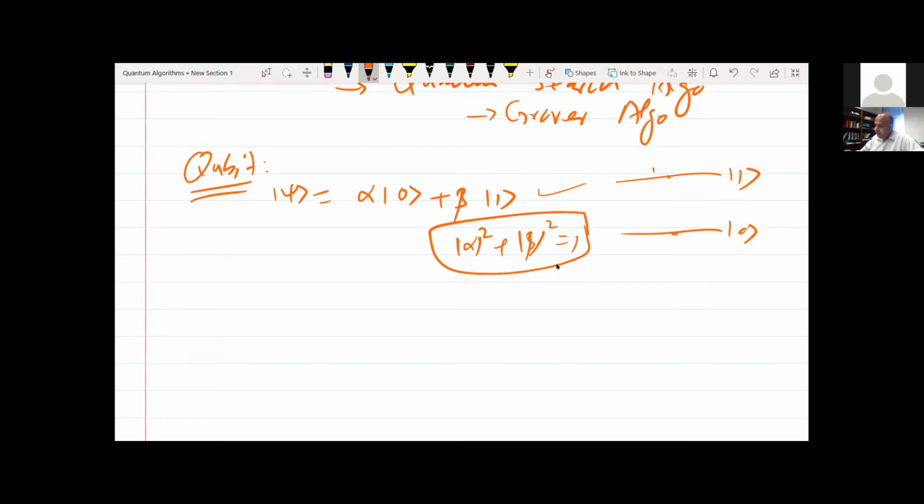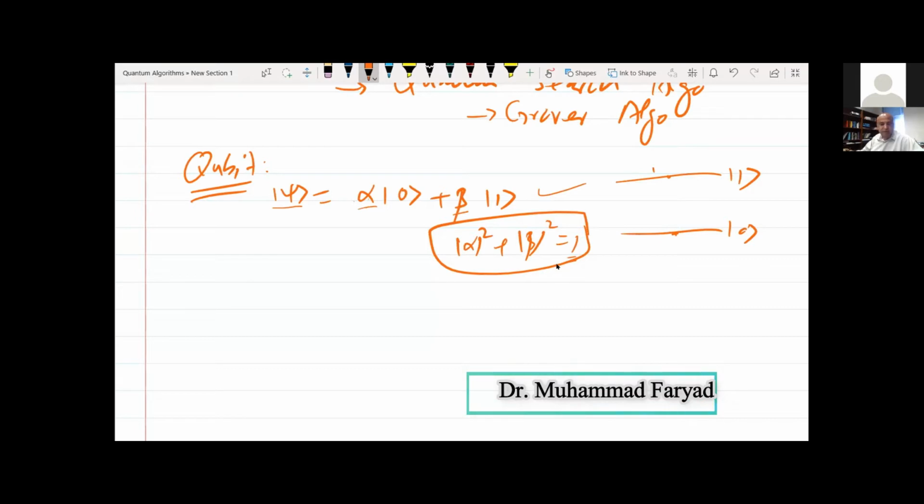And since these alpha and beta can be complex numbers, in general, we can specify this qubit with 4 parameters, like 2 for alpha, real and imaginary part, and 2 for beta, real and imaginary part. But because of this constraint, we essentially have 3 independent parameters. And if we ignore the global parameter which represents the global phase, we're essentially left with 2 parameters.